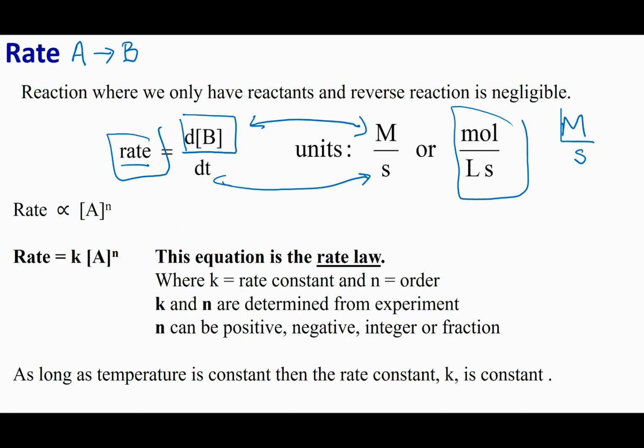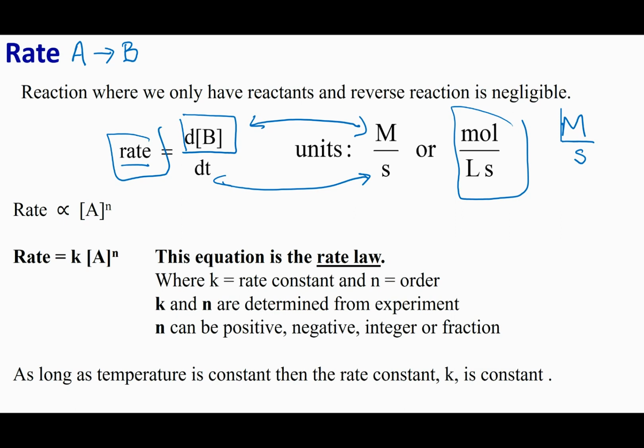Now what we are going to do is go ahead and describe the rate in terms of the concentrations of our reactants. So remember the factors that impact rate. One of them is concentration.